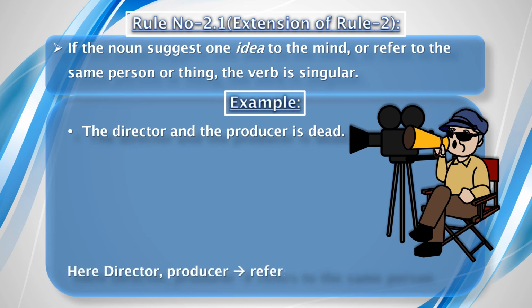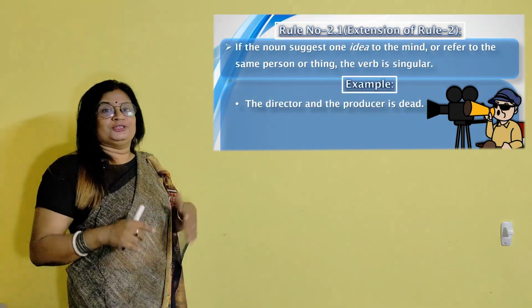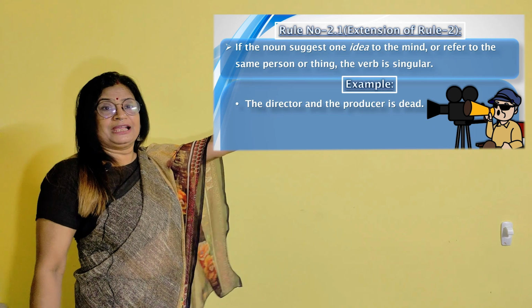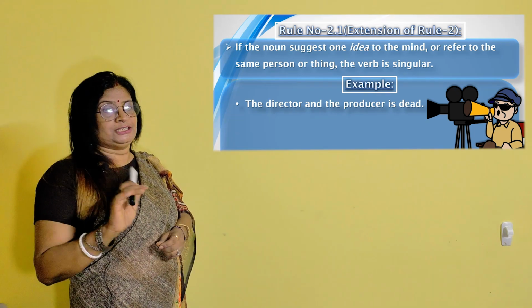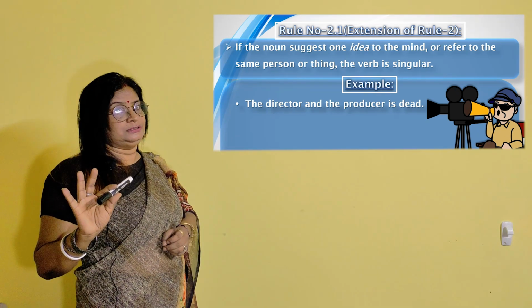See, director and producer, they're referring to the same person, so the verb is also singular. Is it clear? Whenever you refer to the same person or thing, the verb becomes singular. It does not become plural.